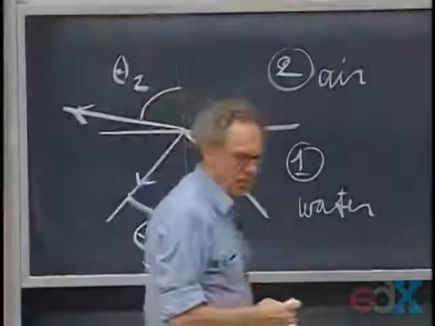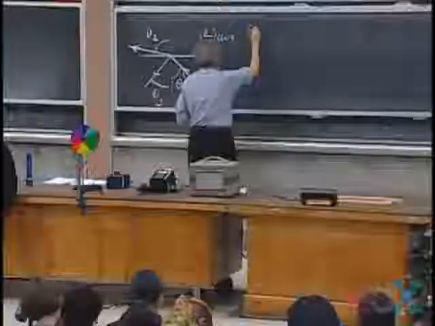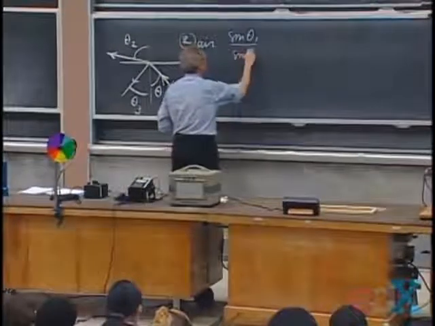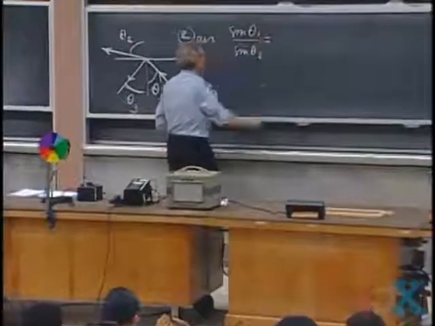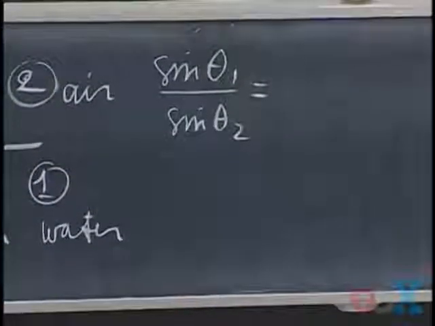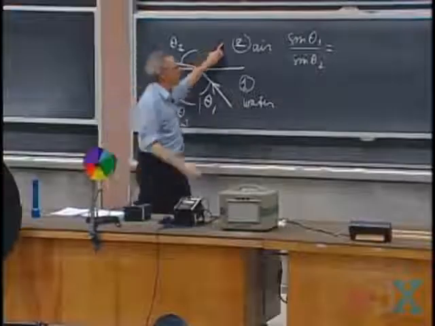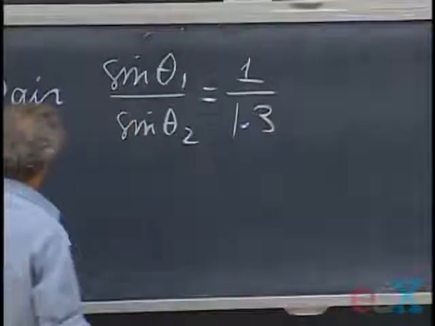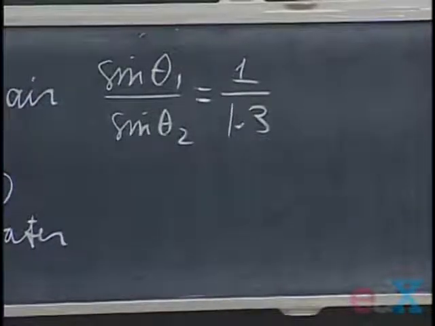And so if I write down now Snell's law, then I get the sine of theta 1 divided by the sine of theta 2 is now n2 divided by n1, but n2 is 1 divided by 1.3 if we go from water to air.